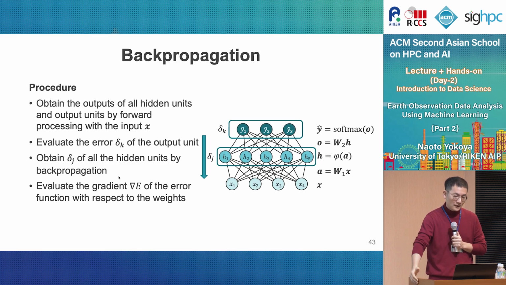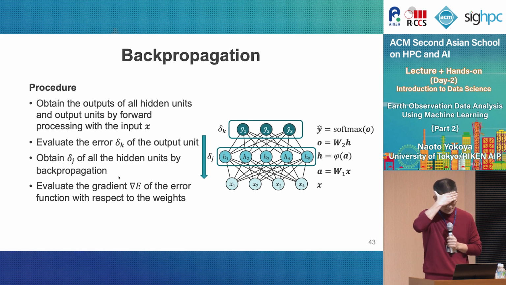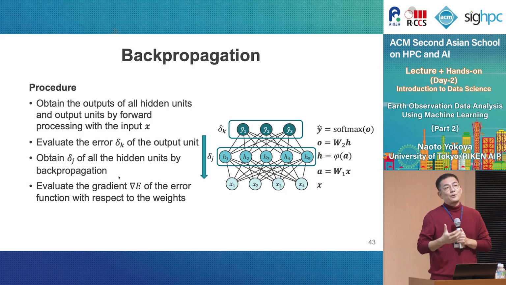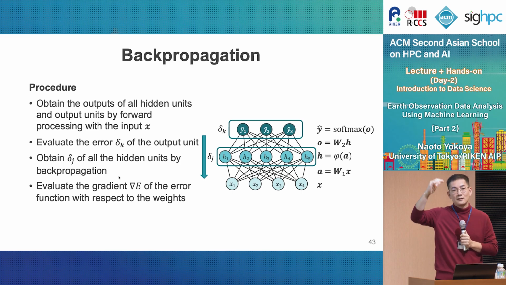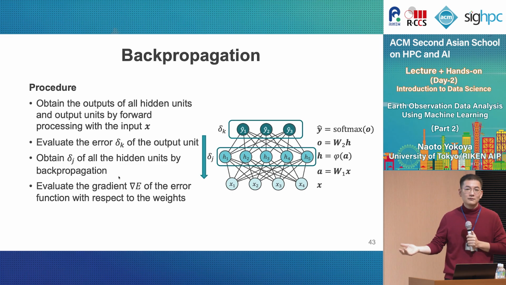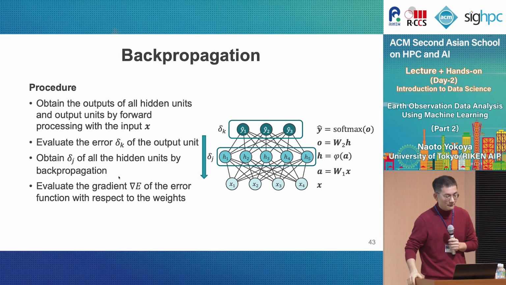Okay, then we can evaluate the gradient of this error function, or objective function, or let's say loss function, with respect to all the weights. So the problem is solved. Finally, we set up the goal, we set up the model, we define how to move, and now we know we can do this, right?